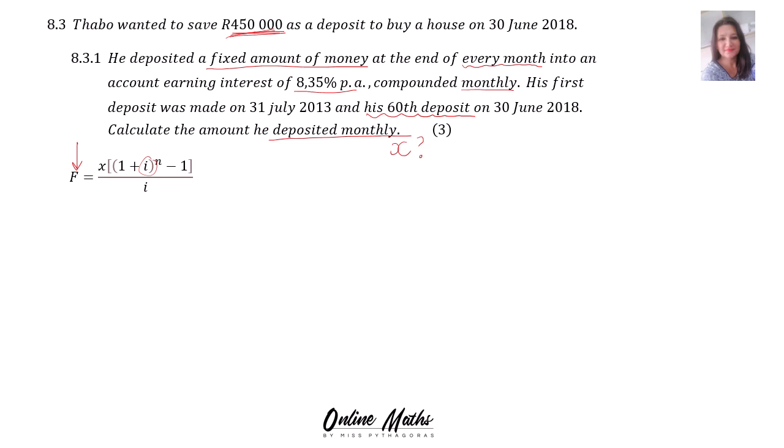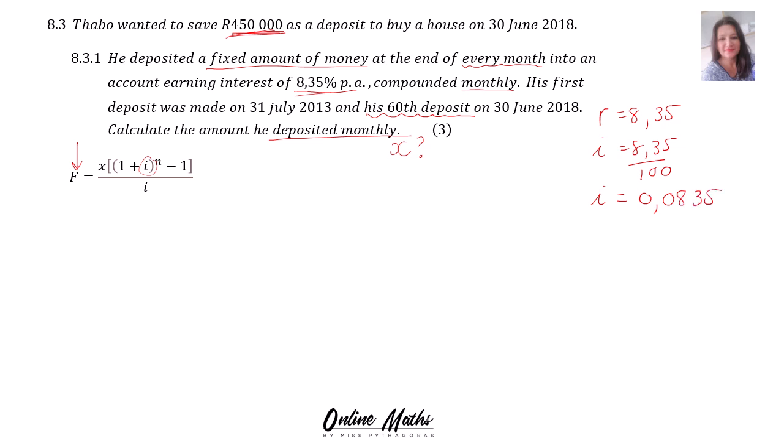Let's talk about I. Again, R is 8.35. So I becomes 8.35 over 100, and then you get 0.0835.